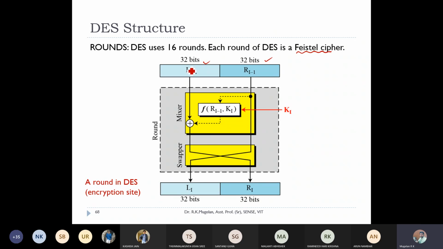Here I'll have a left half of 32 bits, and the right half will be another 32 bits. Here again the mixer takes a function of my right half of 32 bits and the key, that is the particular round key. Then swap, and this will be the output.